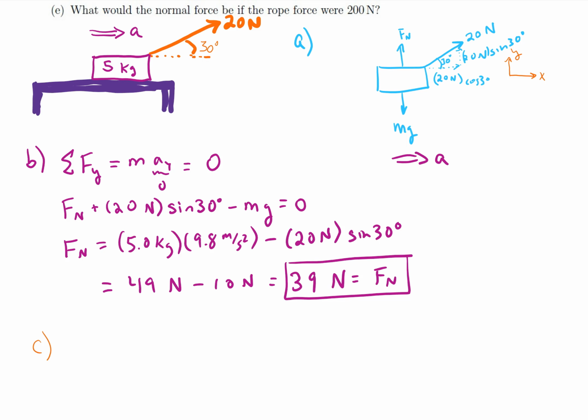So the sum of the forces in the x direction, actually the only force that has any component in the x direction is this 20 Newton force. And the x component of it is 20 newtons cosine of 30 degrees, and so that is 17.3 newtons.